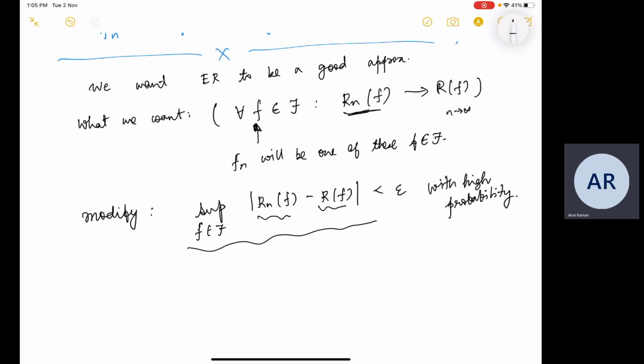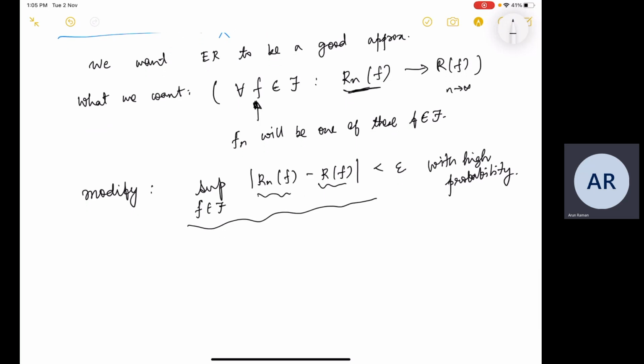What we are saying in words is that Rn of f approximates the true risk with high probability.